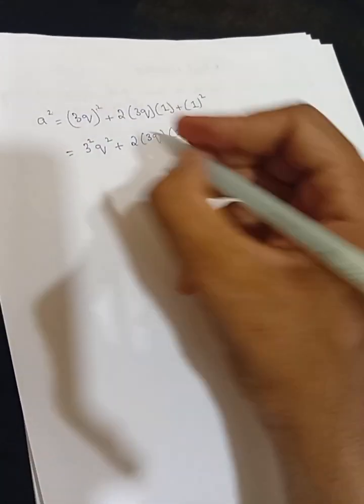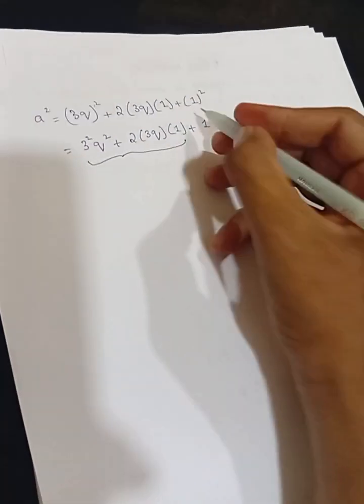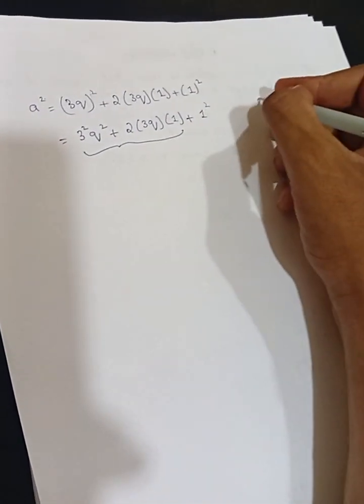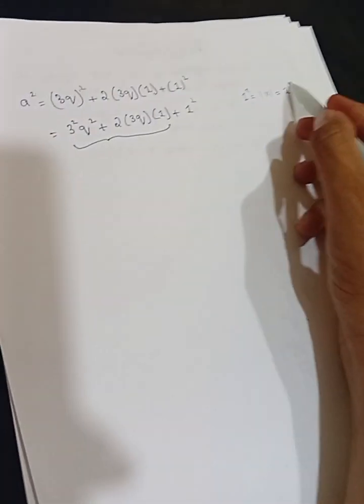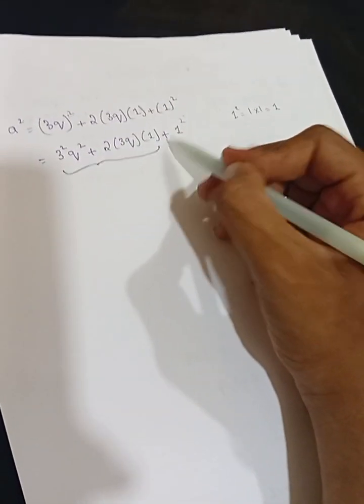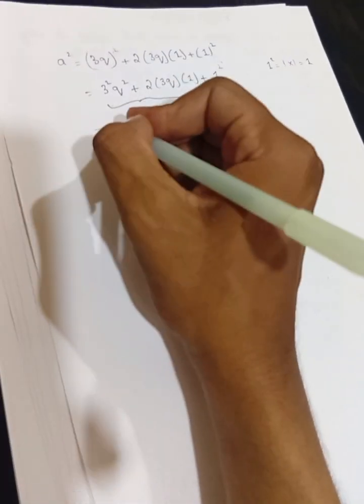Now what I will do is, from this I will take 3 common. Your 1 square is equal to 1 into 1, which is equal to 1. Now you got this 1, plus 1 you got. What you want now? You want 3p. So in this term I will take 3 common.